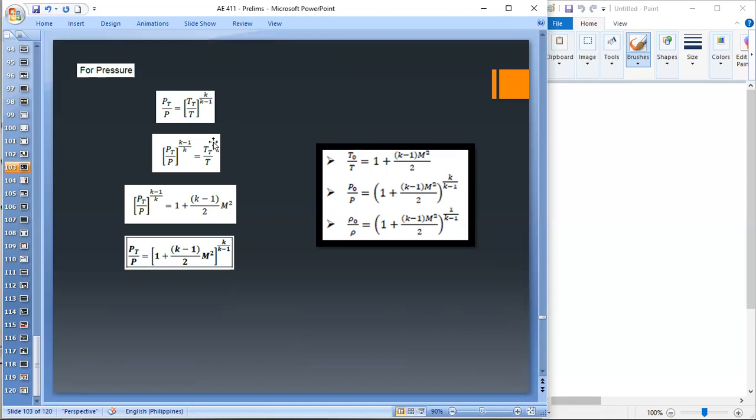With basic algebra, we transpose and equate it to the Mach number, and we get total pressure over pressure equals 1 plus K minus 1 over 2 times Mach number squared, raised to K over K minus 1. The same goes for density. So this will be our formula.